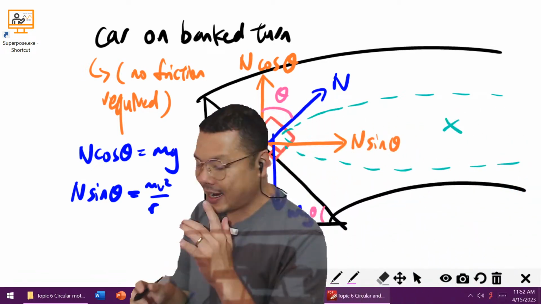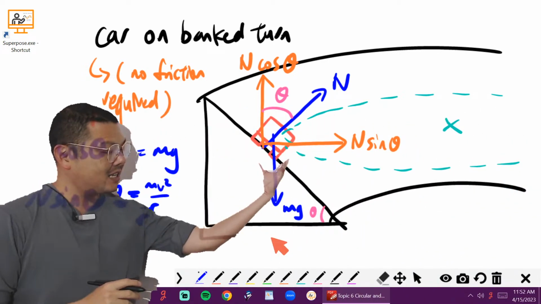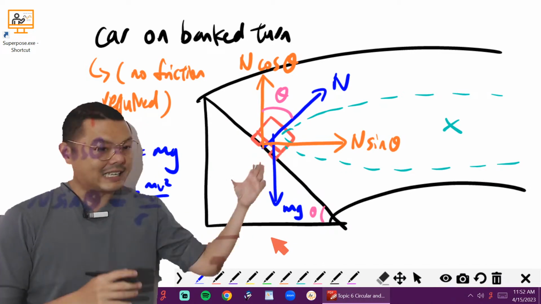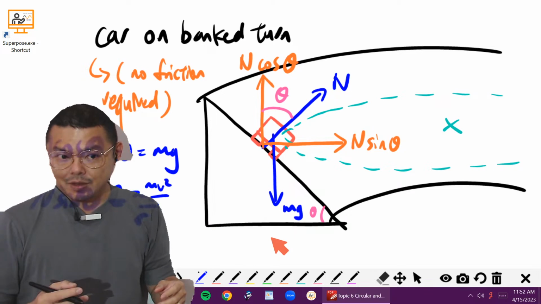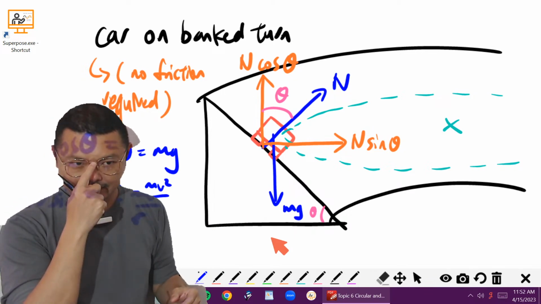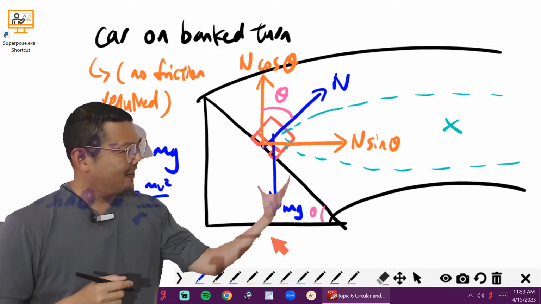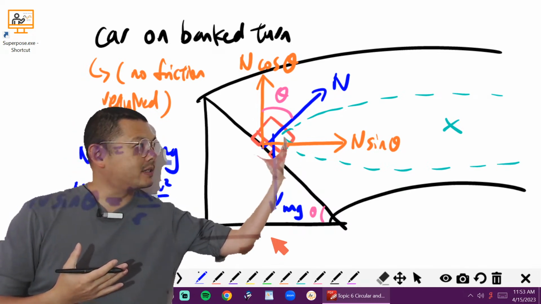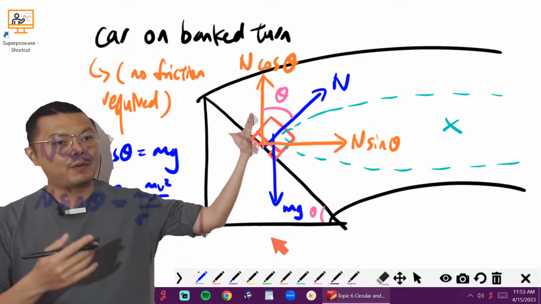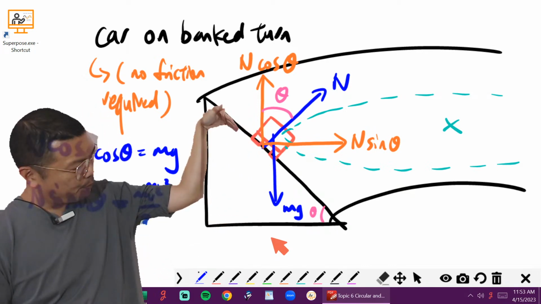If the car does go faster and faster and faster, there will be friction now, right? Where would the friction point then? So as the car speeds up, as the car starts to move towards the edge of the track, where would the friction point? The friction will point downwards, right?